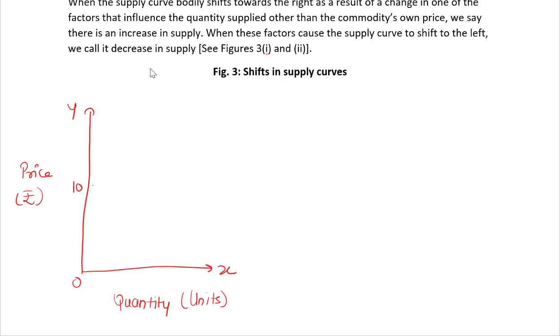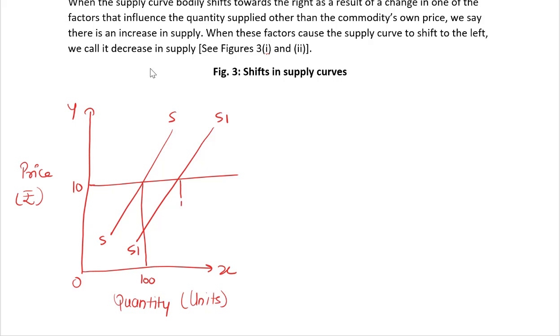So at the same price, this was the supply SS, that is 100 units. At the same price, now the supplier is able to supply more, that is 200 units. This is known as increase in supply. Price is constant.